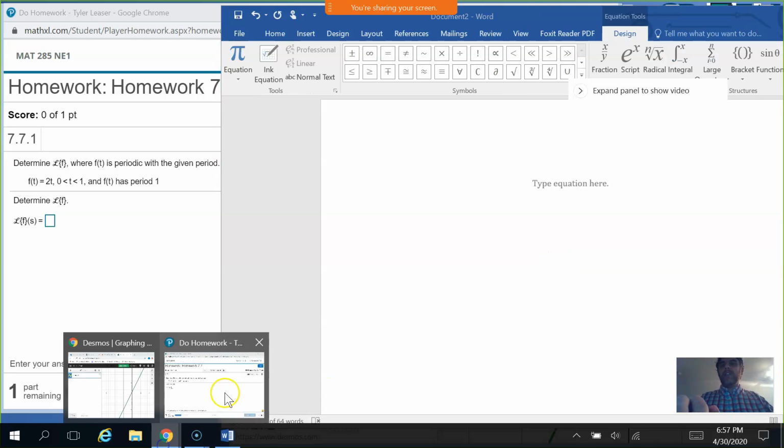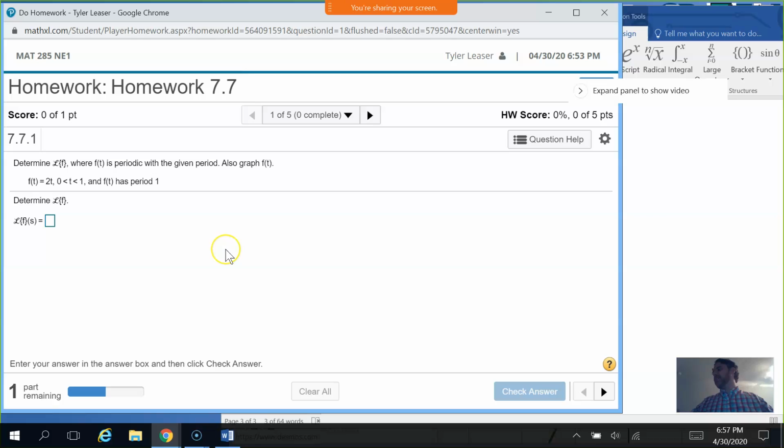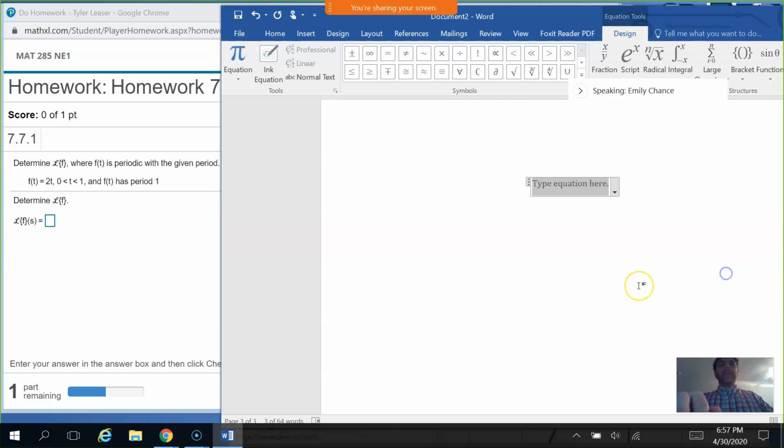And then I think on the homework, it gives you those tables again. Oh, no, it doesn't give you the tables. In the book, it gives you some formulas, and this is the formula that you really need to worry about. When you're dealing with periodic functions and trying to find the Laplace transform of the periodic function, we label a periodic function like this, f with a subscript T, where that T represents the period.